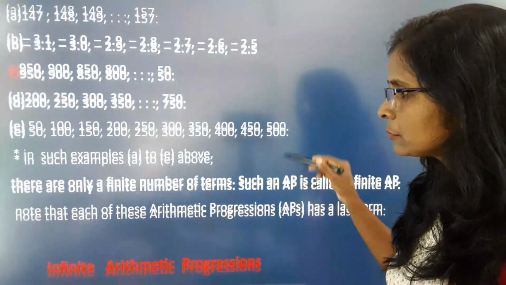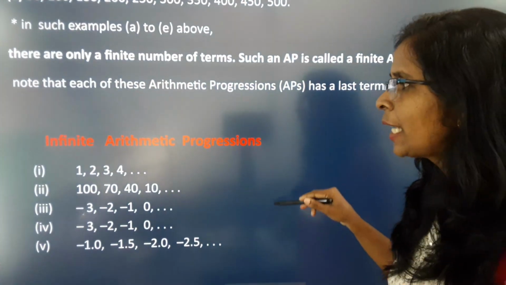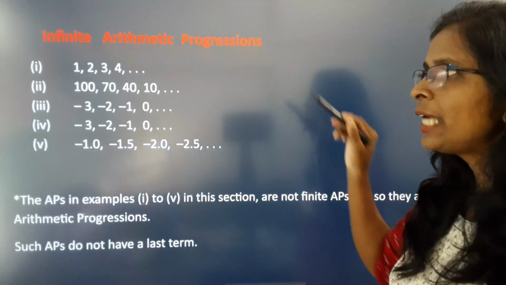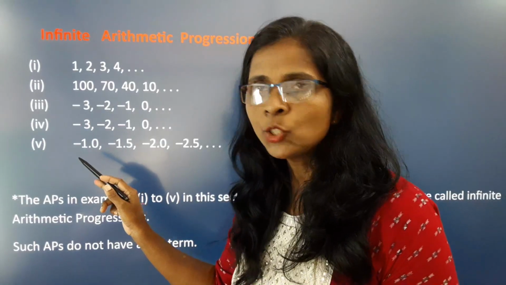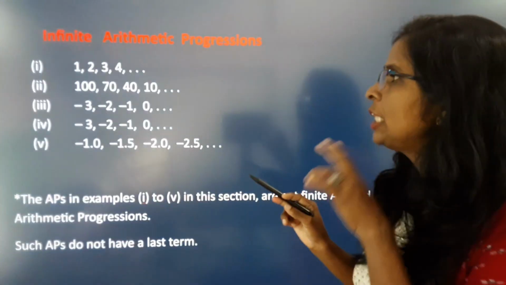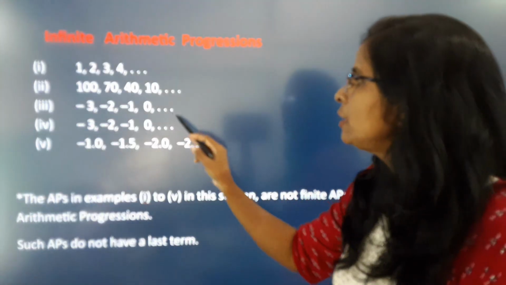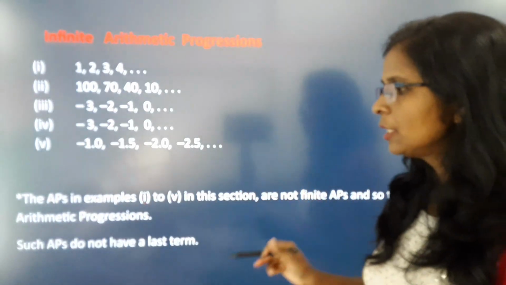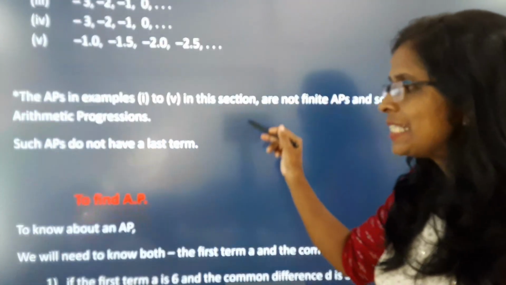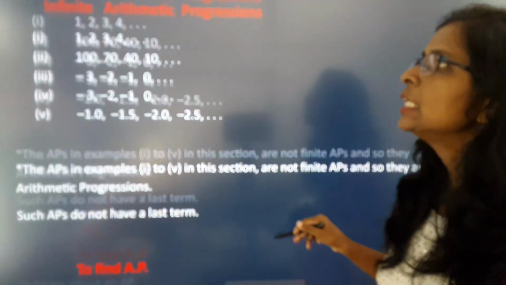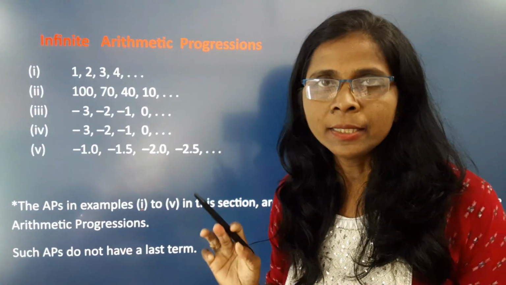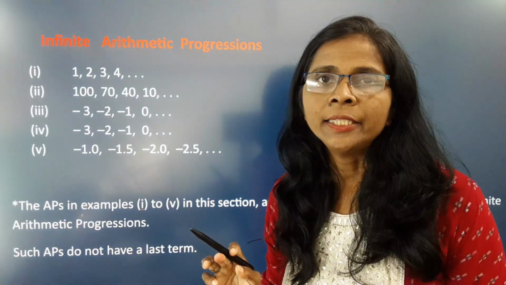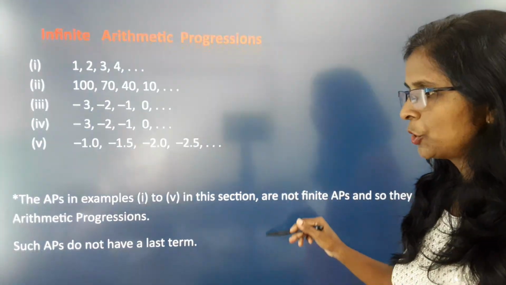And here is the infinite arithmetic progression. So observe these 5 examples, students. Here the last term is not given, and that's why we say that this is an infinite arithmetic progression. These examples are infinite arithmetic progressions.